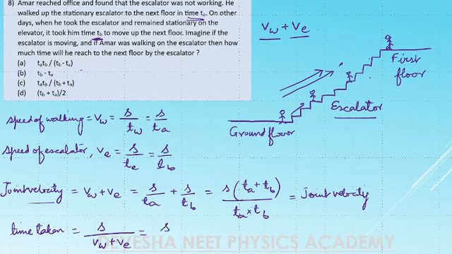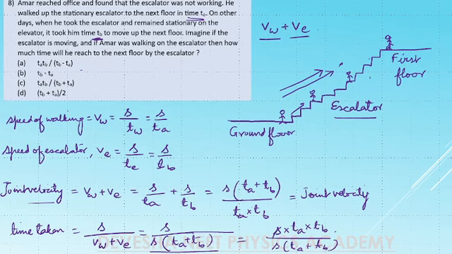So this is equal to S divided by what we have already found out, S into TA plus TB, divided by TA into TB, correct?